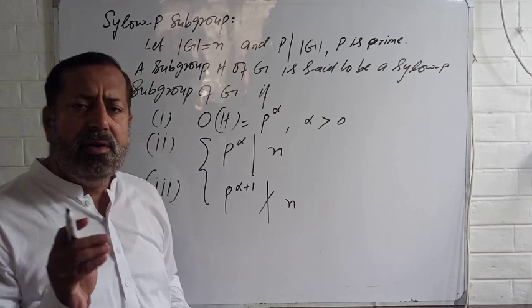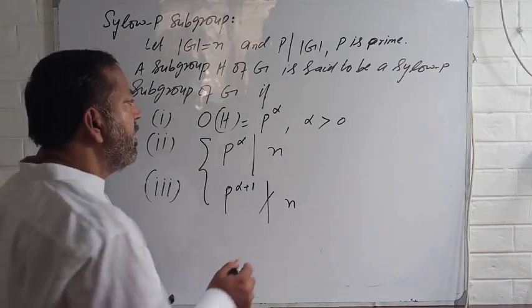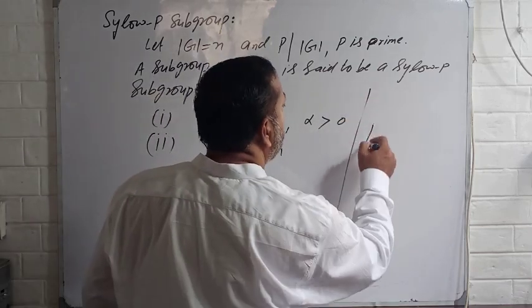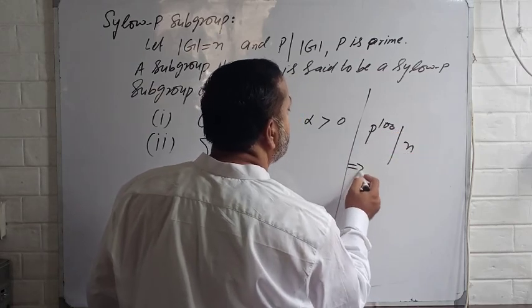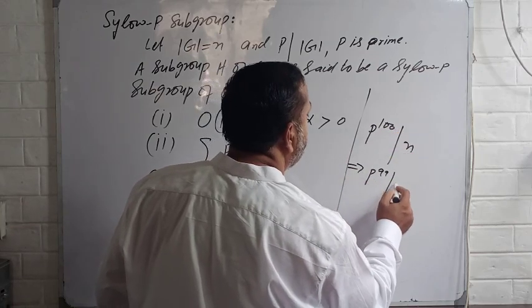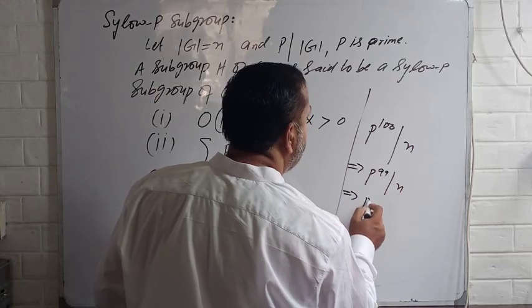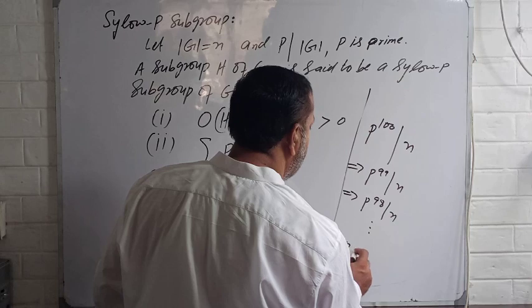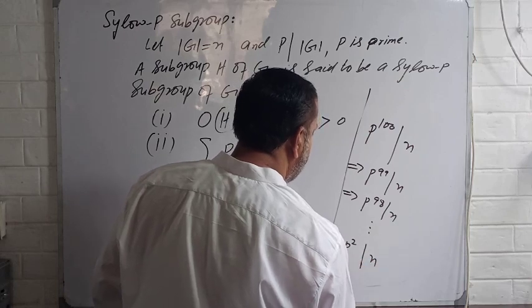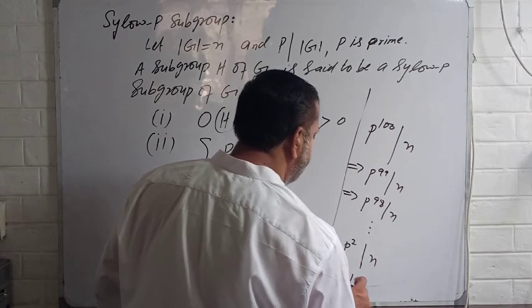Okay, you know a little number theory: if P power 100 divides n, then of course P power 99 will divide n. This implies P power 98 will divide n, and so on. P square will divide n. This implies P will divide n.